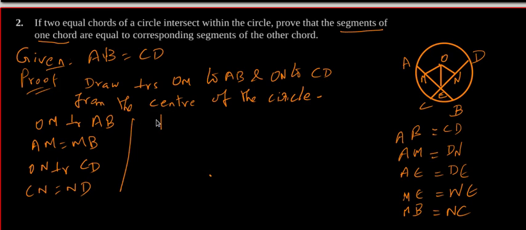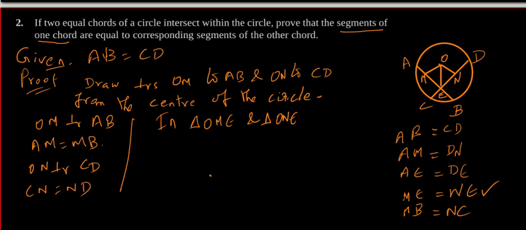So in triangle OME and triangle ONE, if we prove congruency of these two triangles, by CPCT we can say ME equals NE. The corresponding segments are equal. That one thing we will get from this congruency part. So first let me get the congruency of these two triangles OME and ONE.